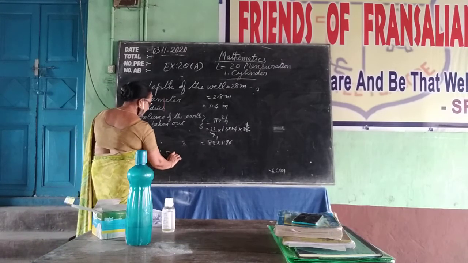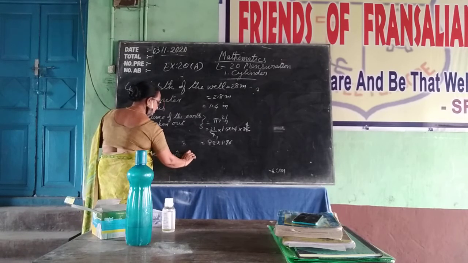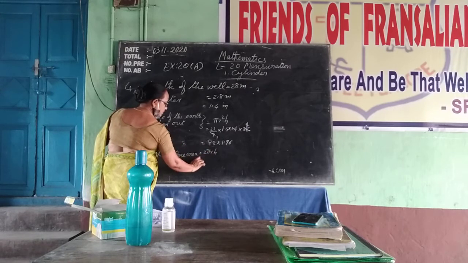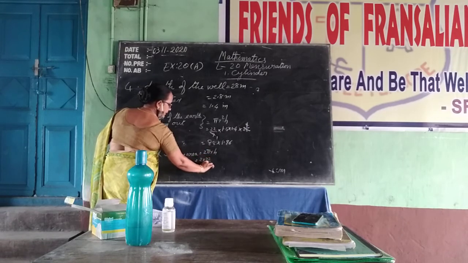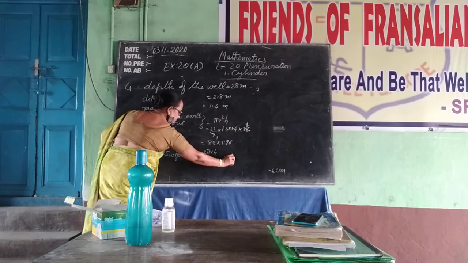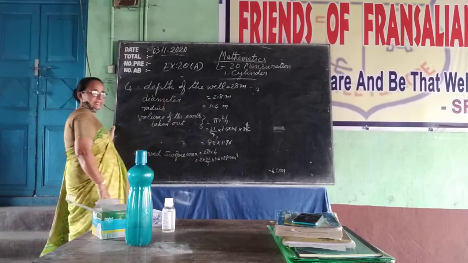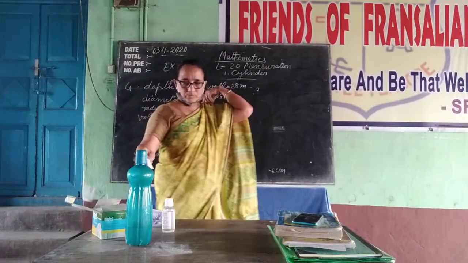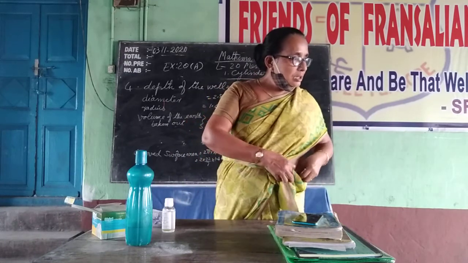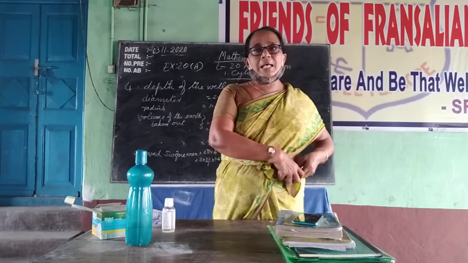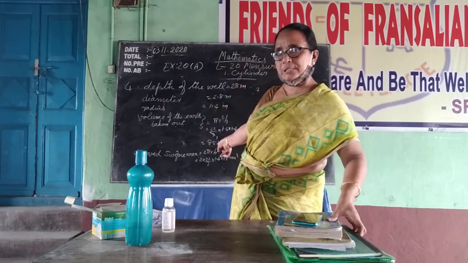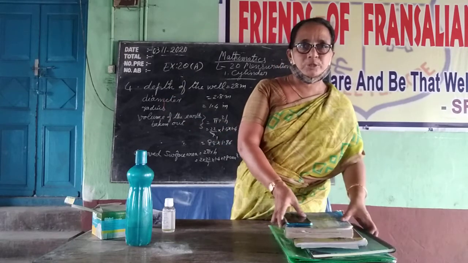Curved surface area is 2 into 22 by 7, r is 1.4, h is 28. Cost of plastering the inner part, per square meter 4.5. Cost of plastering per square meter is given. Multiply that value by this curved surface area answer, which gives the total cost.